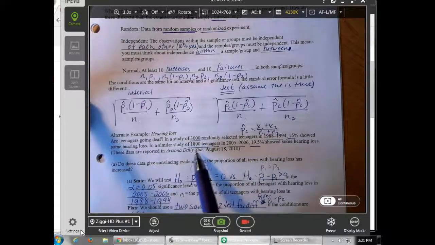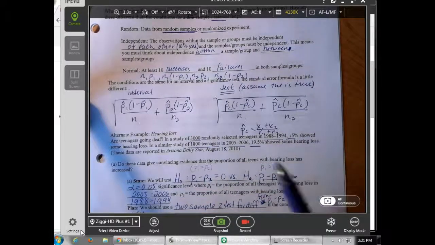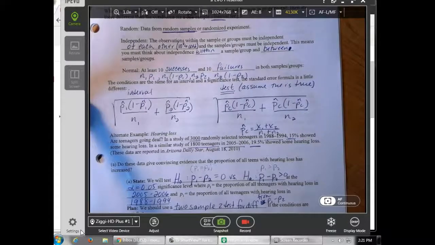N sub 1 is going to be 1,800 students, and of those, 0.195 showed hearing loss, and of course that should give us 351.